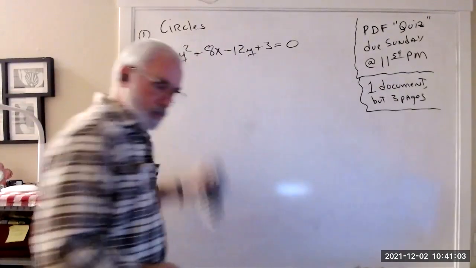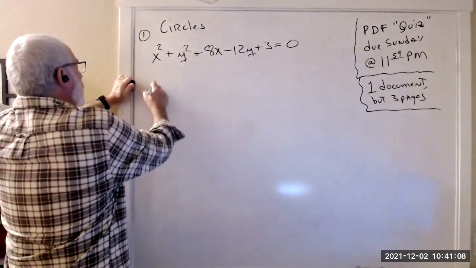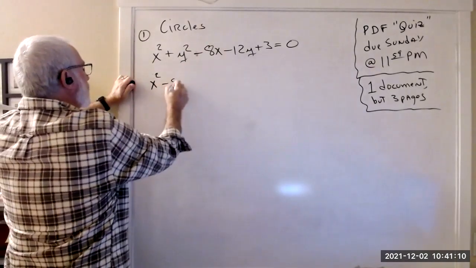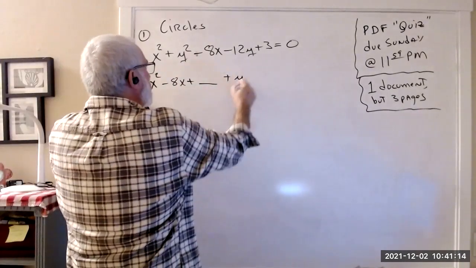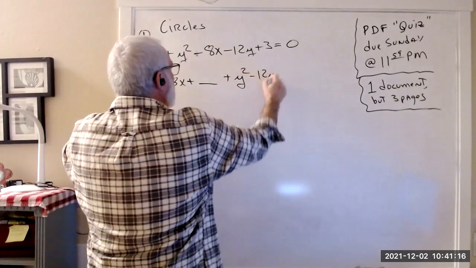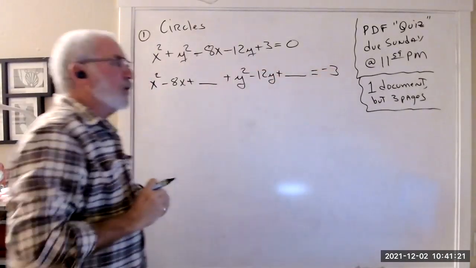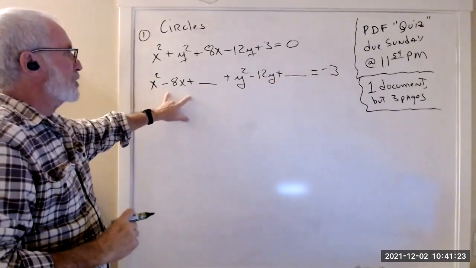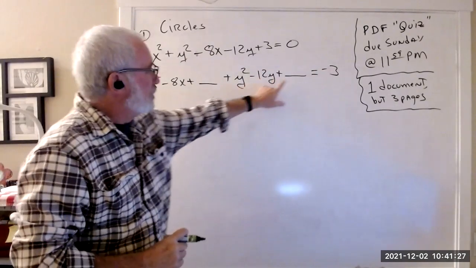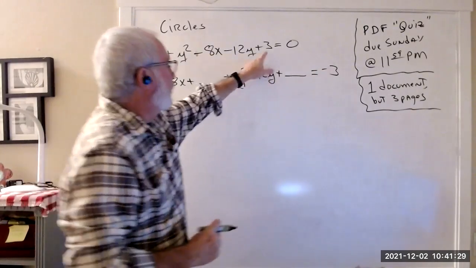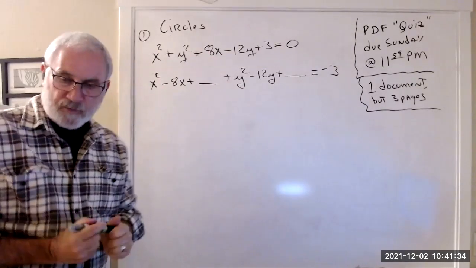So to put it into standard form, we reorganize the problem. X squared minus 8x plus blank plus y squared minus 12y plus blank equals -3. So we lump the x's with the x's, leaving space for the magic number. Lump the y's with the y's, leaving space for a magic number, and just move the 3 to the other side by subtracting 3 from both sides.